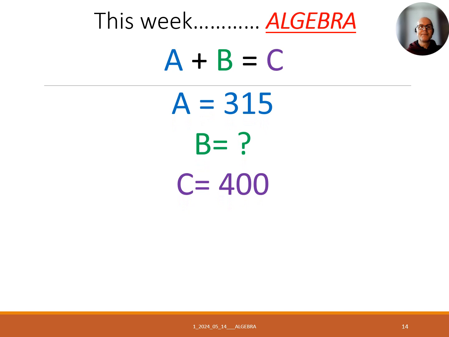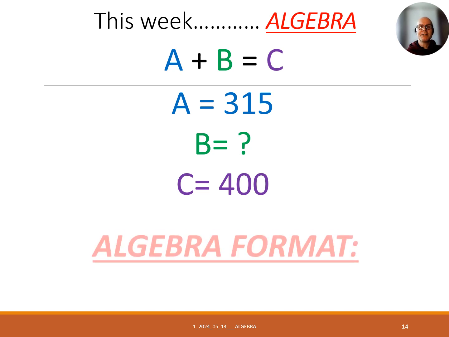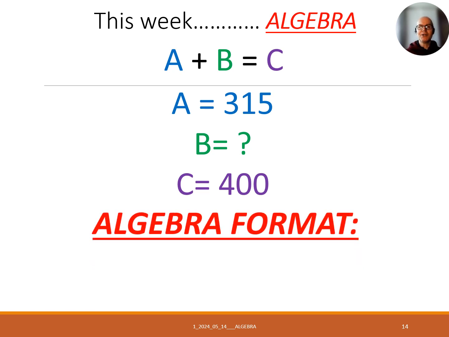In this example, a plus b equals c. So we're doing this one to again show you that it doesn't matter what the actual letters are that you use, the rules would be the same if the number values are the same. A plus b equals c.